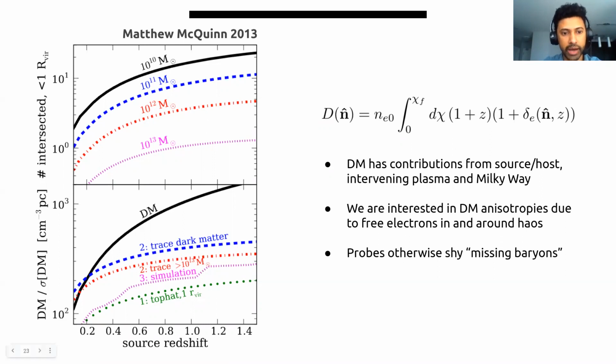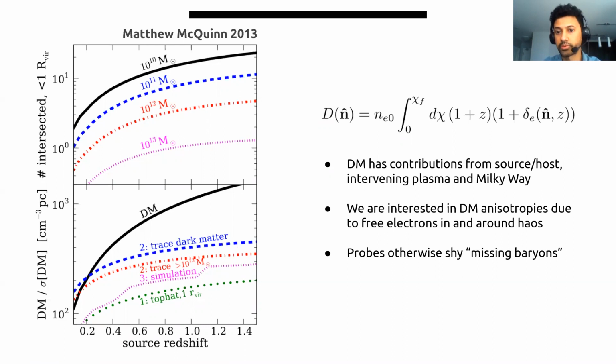The bottom panel shows the mean dispersion measure as a function of redshift. The higher the redshift, the more stuff you're looking through. The dashed lines show the scatter in the dispersion measure itself due to the fact that you're hitting different halos along the line of sight. You can compare simulations or halo models, and they show there's a certain amount of scatter in the dispersion measure that you expect as you go to higher redshifts.